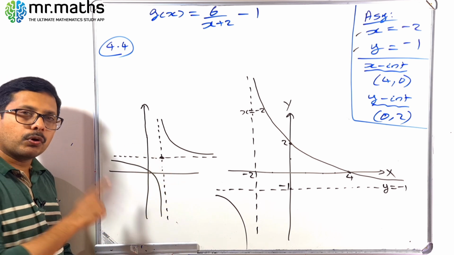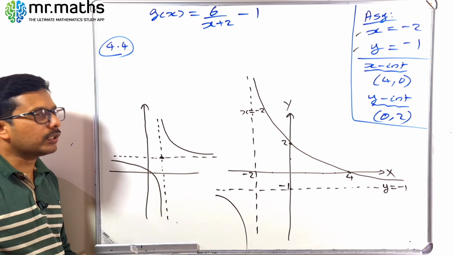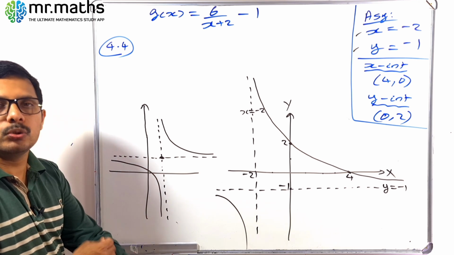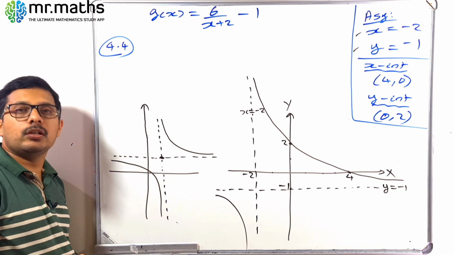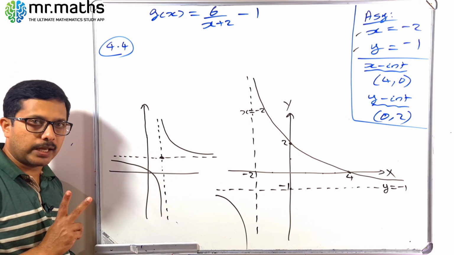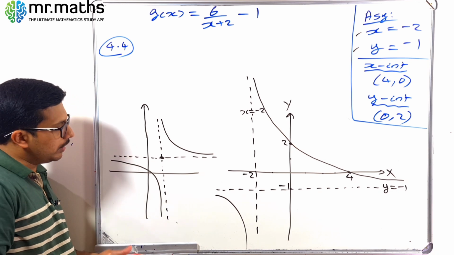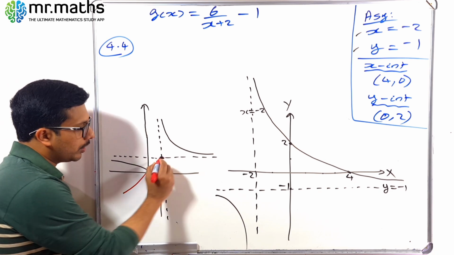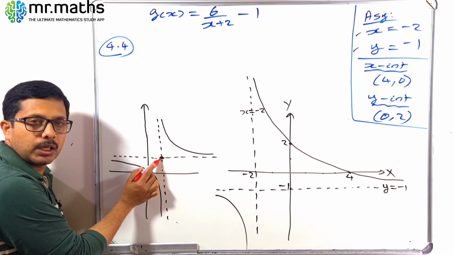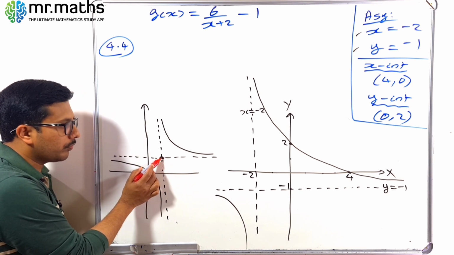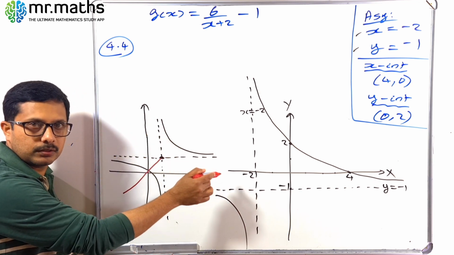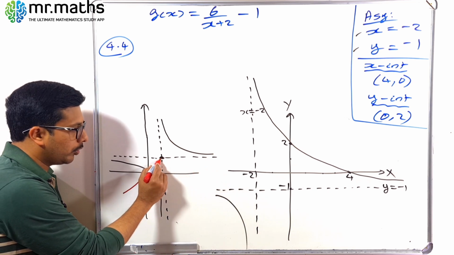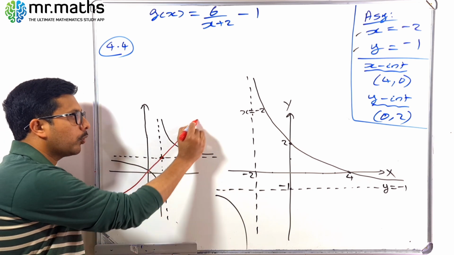Okay, for this hyperbolic graph, you have to understand that there are two lines of symmetry. First one is this one. A line of symmetry always passes through the intersecting point of these asymptotes. Okay, so this is the intersecting point. Now it is passing through that point.